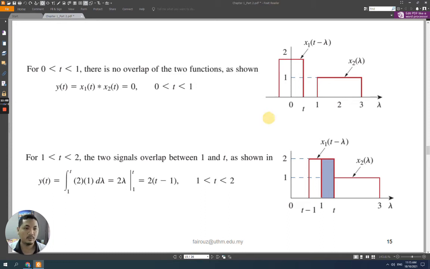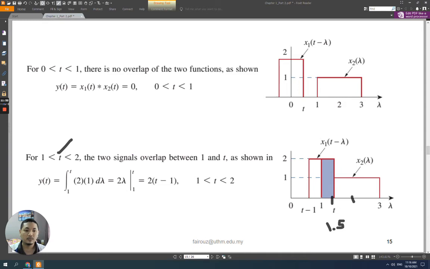Next, we continue to move, or delay, or shift the signal x1. It was before between 0 and 1, and now between 1 and 2. Or let's move it as much as 1.5, for example, right here in the middle.